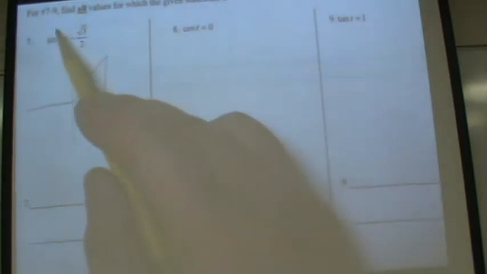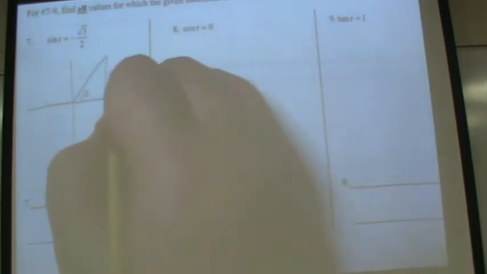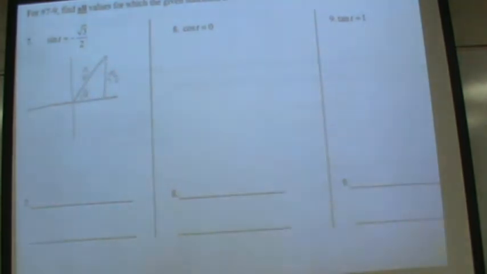And if we draw our angle, so this is our theta or our t value. And when we have sine, we know that this is opposite over hypotenuse. So we have root 3 over 2. So immediately when we have a root 3 in our triangle, we should automatically be thinking that it's a 30-60-90 triangle.